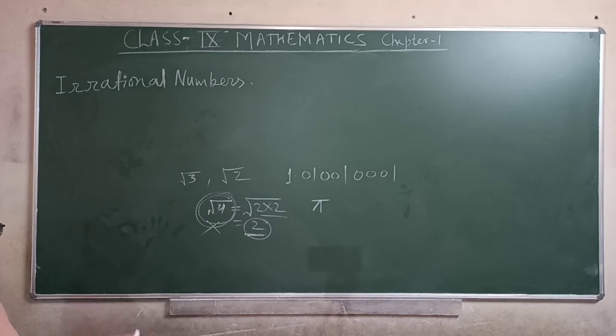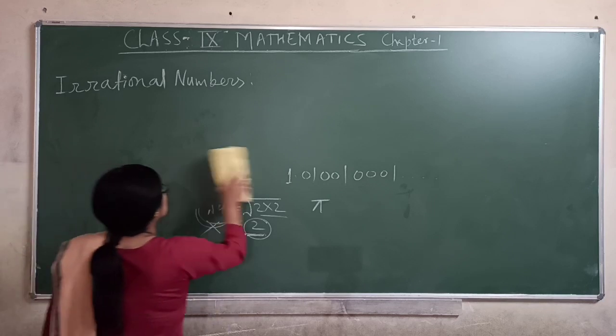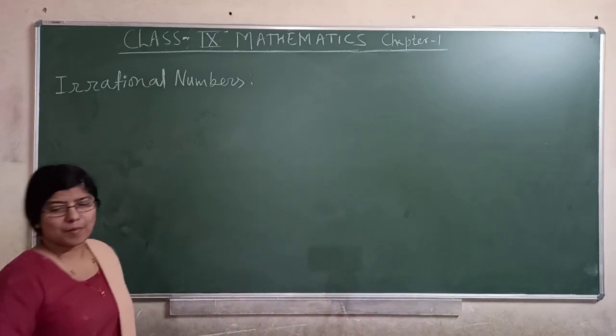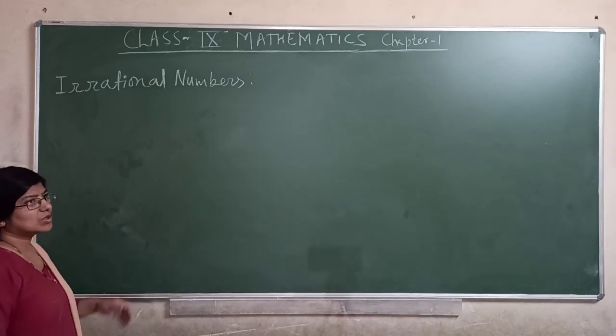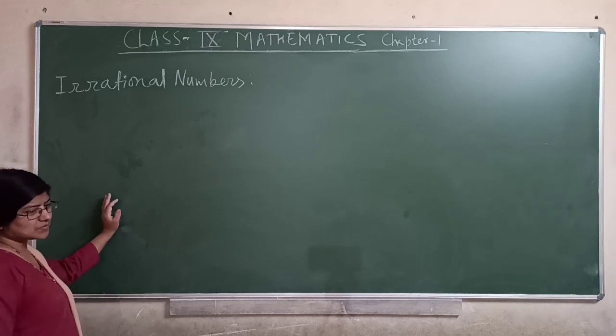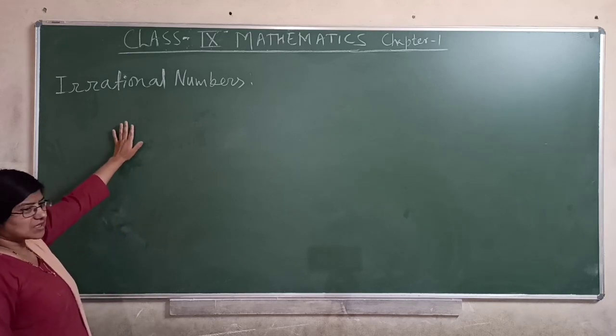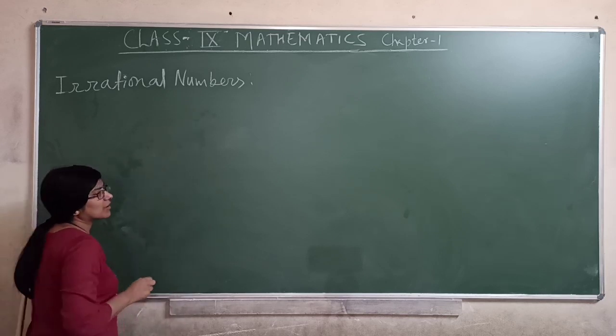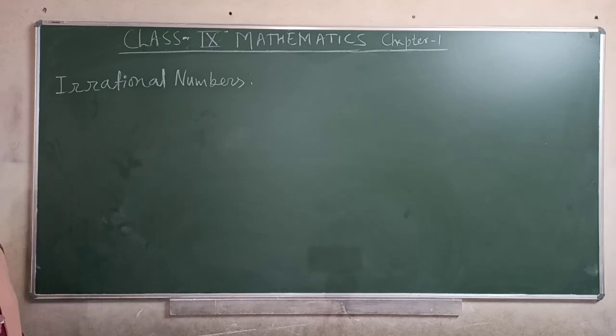The definition of an irrational number: those numbers which can't be expressed in terms of P upon Q.